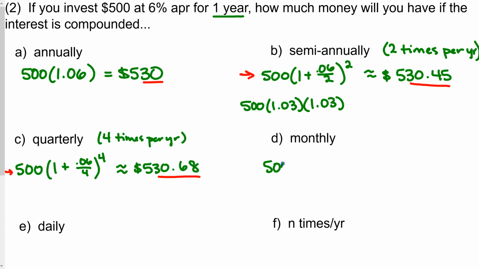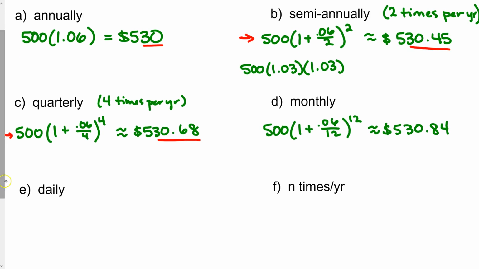So that would be 500 times 1 plus 0.06 divided by 12 to the 12th power. And for that we get approximately $530.84. And then daily. So for daily we just use 365.